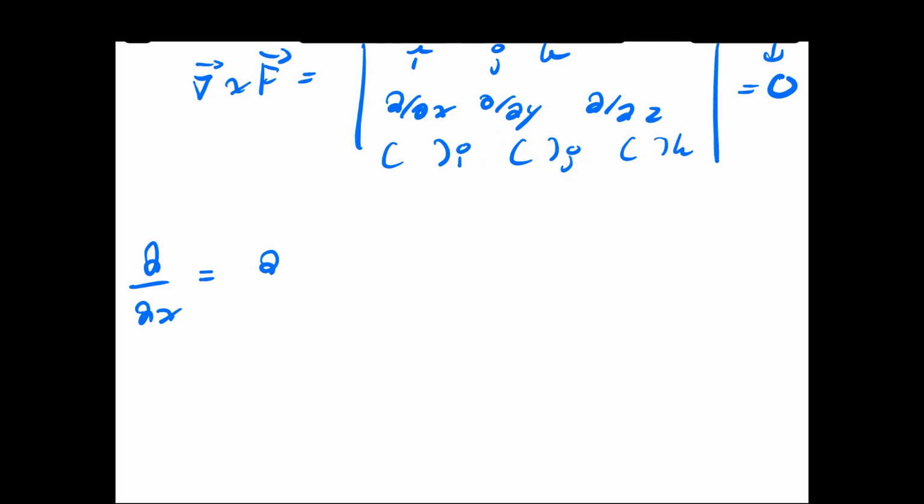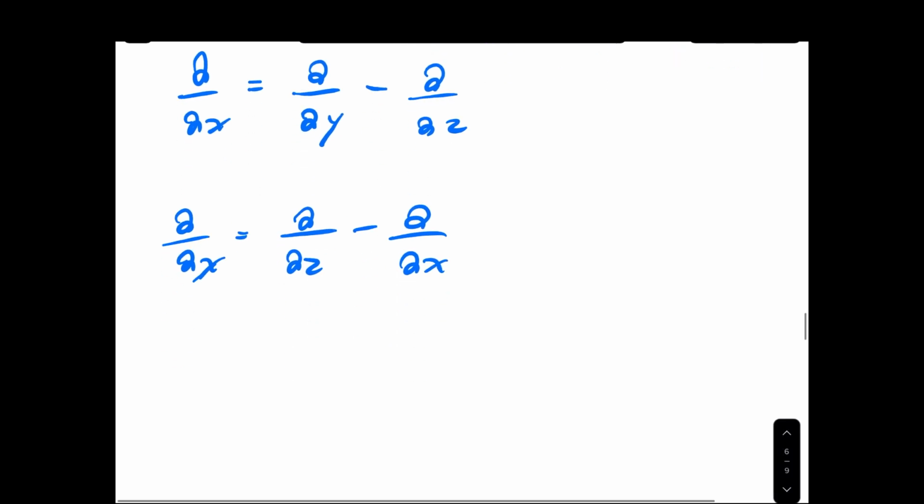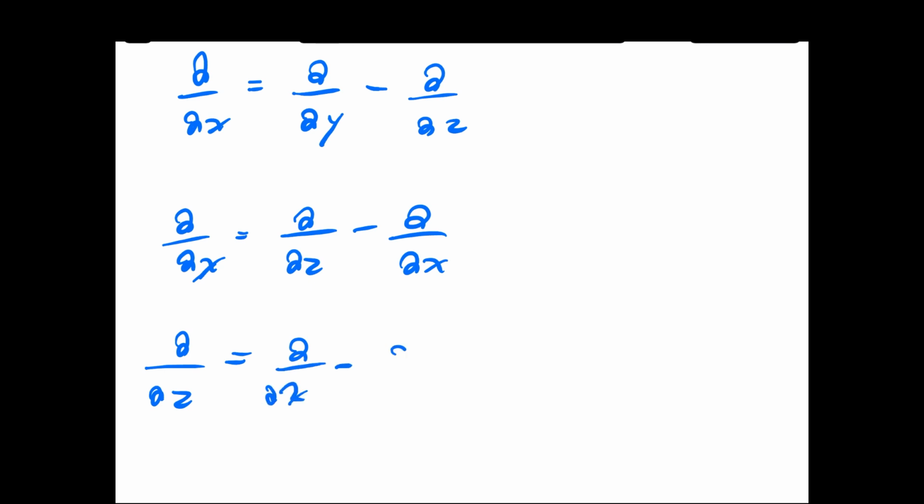So this is the partial derivative with respect to y minus the partial derivative with respect to z. We go to y, and now we have the partial derivative with respect to z minus the partial derivative with respect to x. Now we shift over another one, equals the partial derivative with respect to x minus the partial derivative with respect to y. And that's exactly what it is.